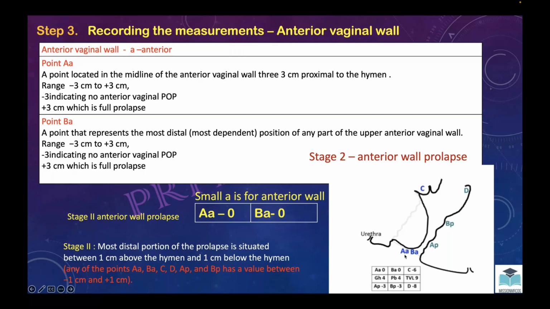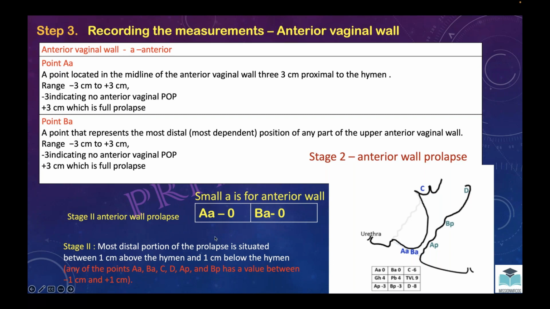I'll be explaining the staging later, but this is the second stage, when the most distal part of the prolapse is in between +1 and -1. 0 lies in between +1 and -1. So it is stage 2 anterior wall prolapse.